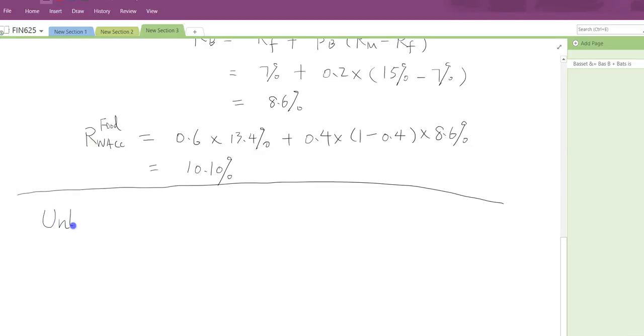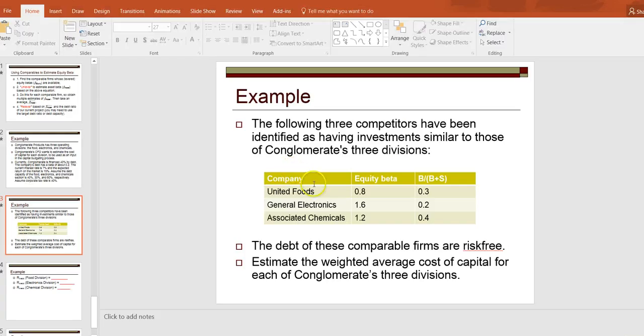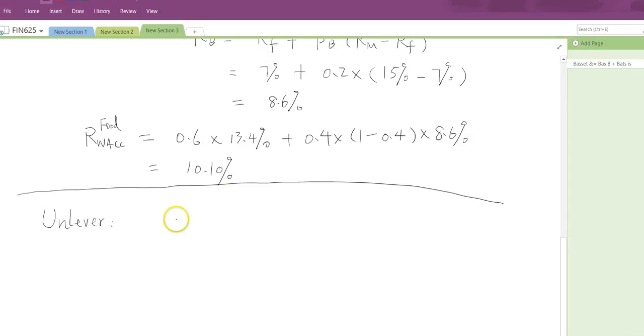First, unlever. Remember, unlever is based on the comparable firm. So the second division is the electronics division. The comparable firm is General Electronics. So we use that information, and beta 0, remember, is B over B plus S times beta B plus S over B plus S times beta S, for General Electronics.